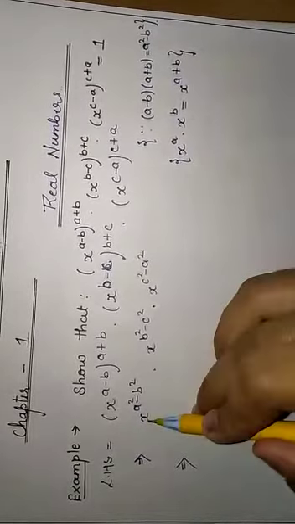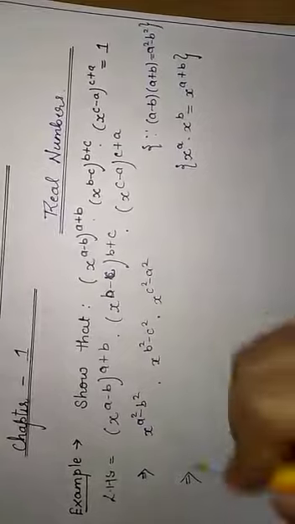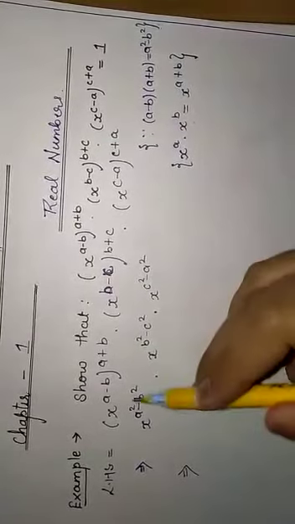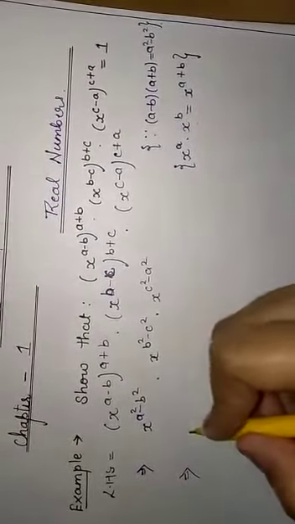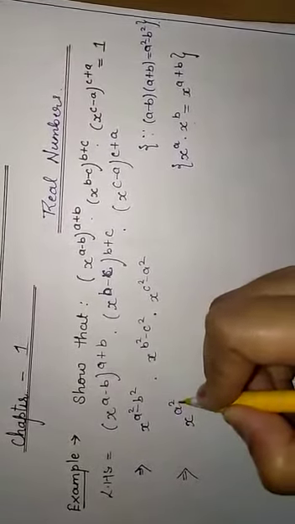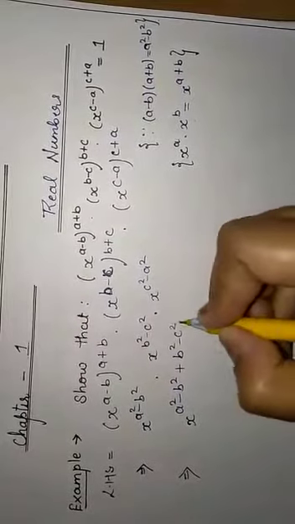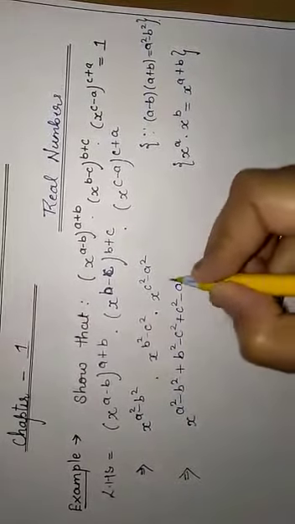In this expression the bases are equal, so we can add all the powers of x. So hence, a square minus b square plus b square minus c square plus c square minus a square.